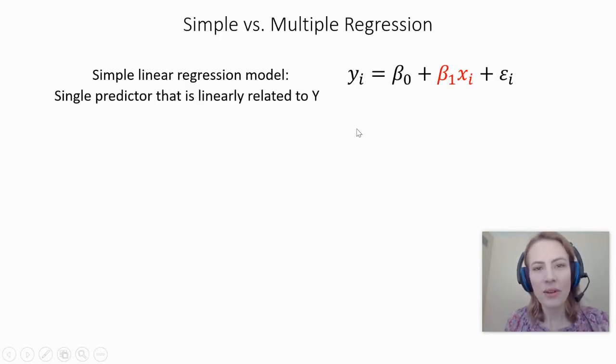All right, so let's build on what we already know. So in simple linear regression, we use this model here. So values for y were modeled as some population intercept, beta naught, plus a population slope, beta 1, multiplied by x.